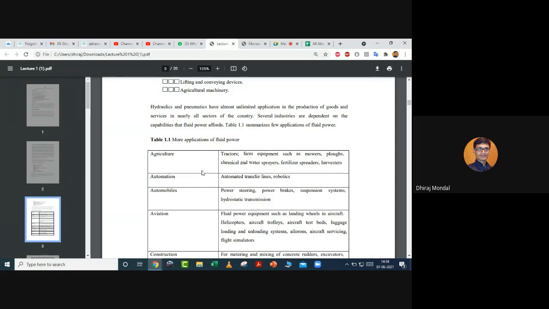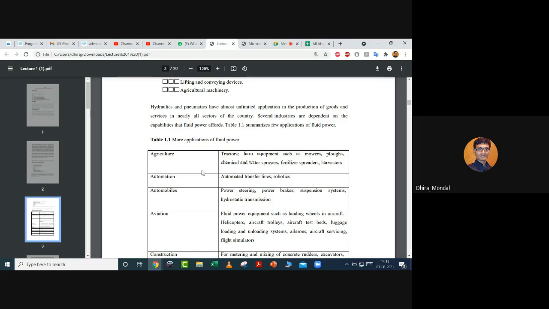So day by day we are using this more, and gradually all over India it will be covered with these modernized machine parts, and the hydraulic and pneumatic systems will be used for our desired work, and as a result human effort will be minimized. Our main motto is to minimize human effort and maximize productivity.